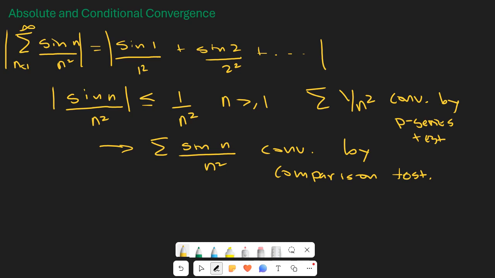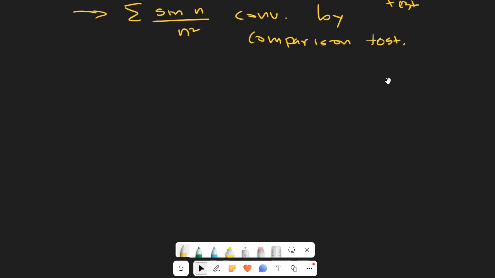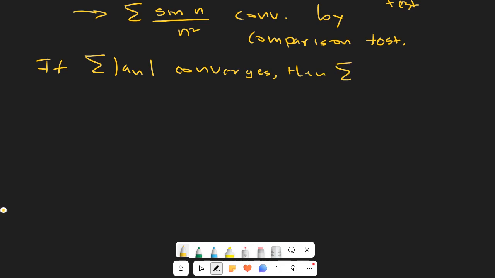Now, notice that this one didn't alternate at all, and the other examples that we had all alternated. So we'll make a few statements. We'll say that if the series of the magnitude of a_n converges, then the series of a_n also converges.